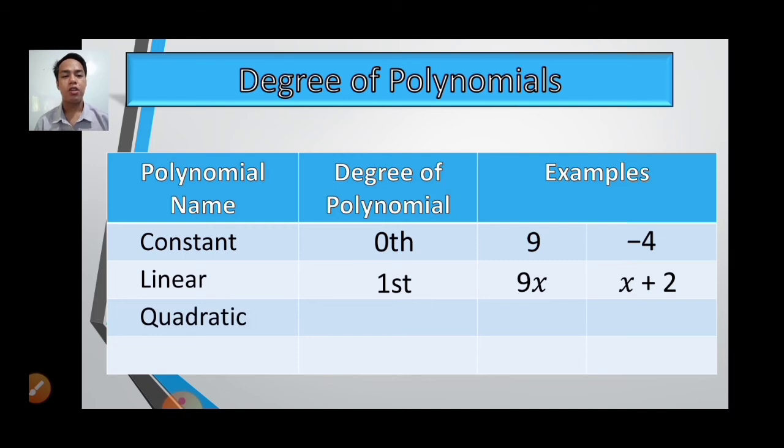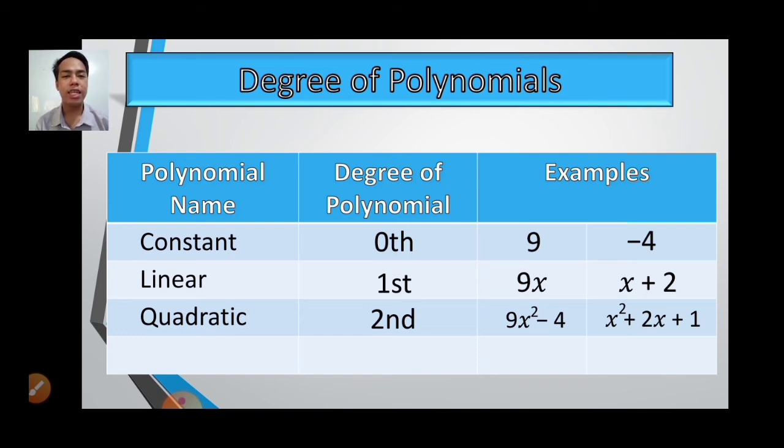Third is what we call the quadratic. The degree of polynomial in terms of quadratic is at second degree. The examples of these are 9x squared minus 4 and x squared plus 2x plus 1. See the difference between the polynomial names.